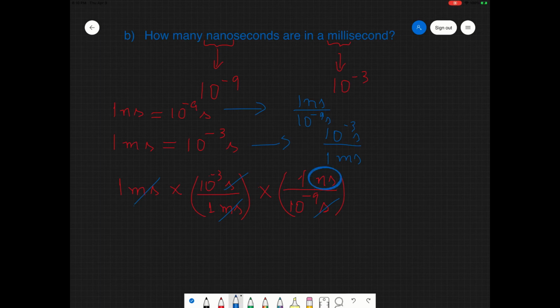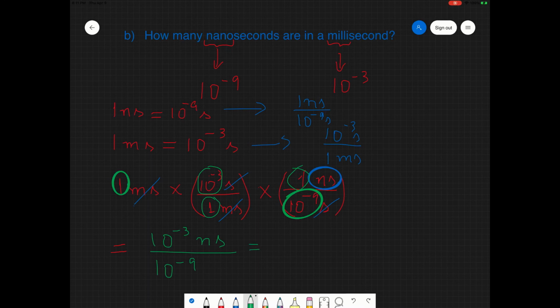So the leftover unit is nanoseconds. Now we just need to carry on the computations. So this results in 1 times 10 to negative 3 times 1. So the result is 10 to negative 3 nanoseconds divided by, in the denominator, 1 times 10 to negative 9. So 10 to negative 9 is in the denominator.